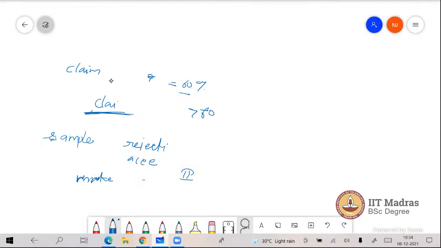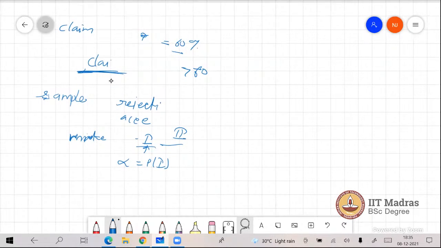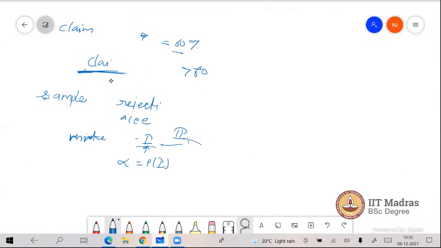Two types of error are defined: first type and second type. The probability of the first type error is defined as the significance level. And the second type error probability, you want both of these to be lesser.